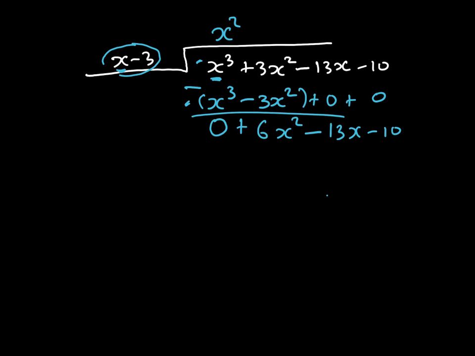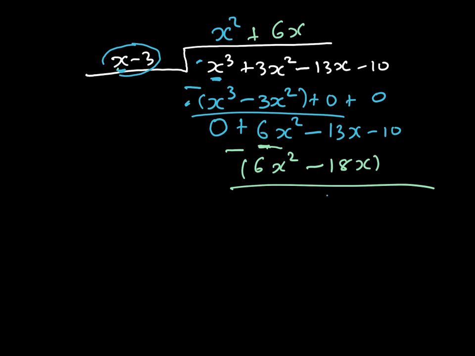Now next we get 6x squared divided by x, you have plus 6x, so this will be 6x squared minus 18x. Subtract. So when you subtract, what do you get?